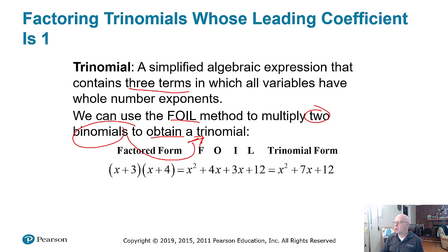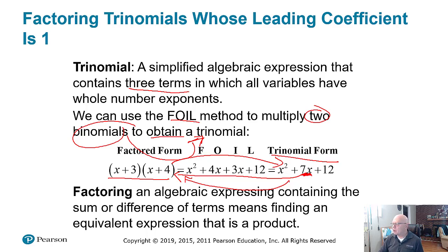Now what we want to do quite often is not only be able to multiply them together, but also take them backwards too. Keep that in mind. Here's the trinomial form, where these two middle terms were added together, and there's the factored form. Sometimes we want to go this way, sometimes we want to go that way, depending on what we're doing.